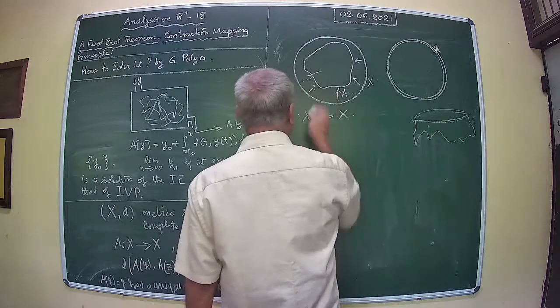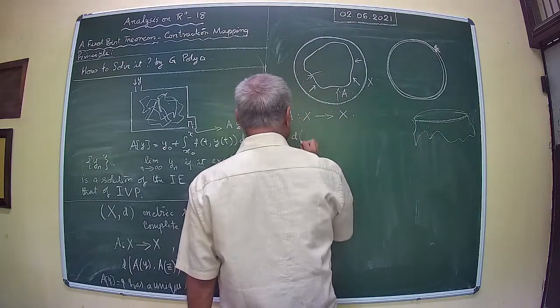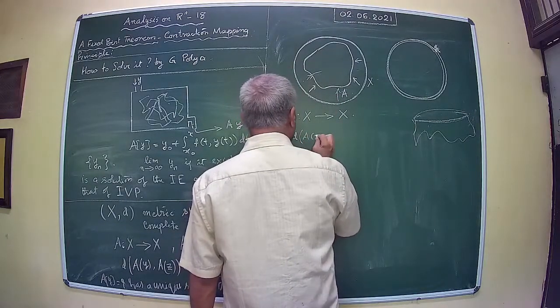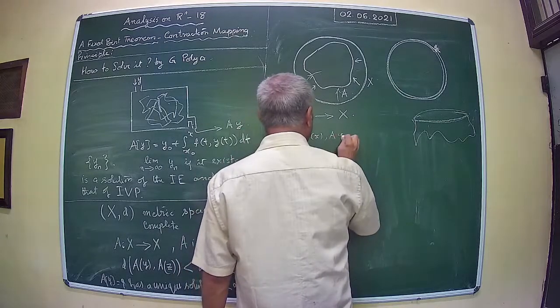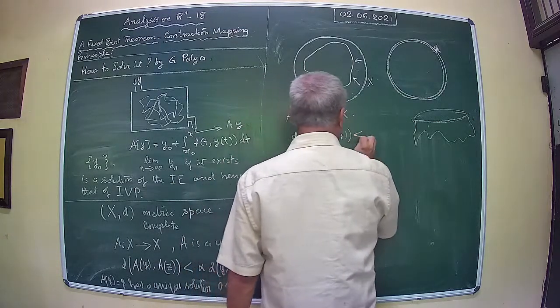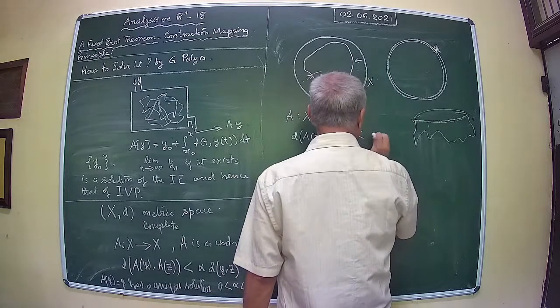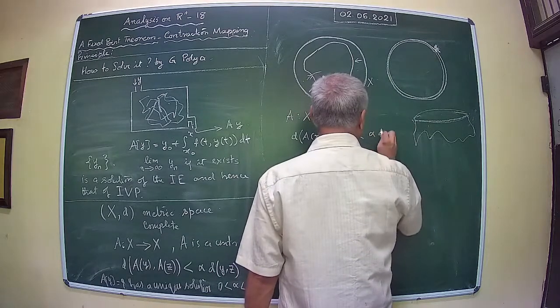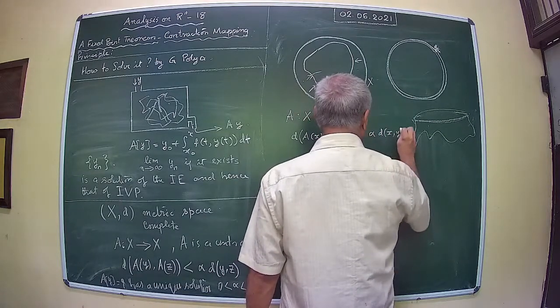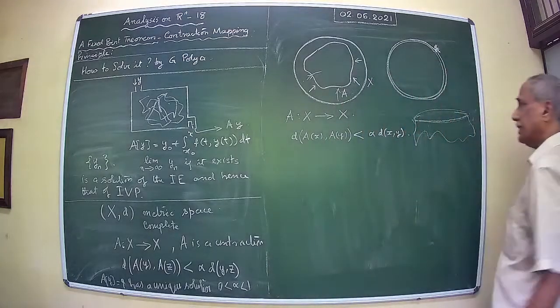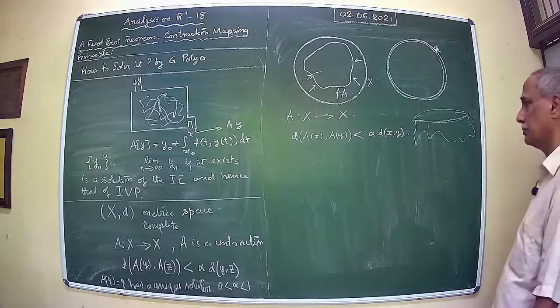You have the distance function d(Ax, Ay) strictly less than some alpha times d(x, y). That means the mapping that you have is a contraction mapping.